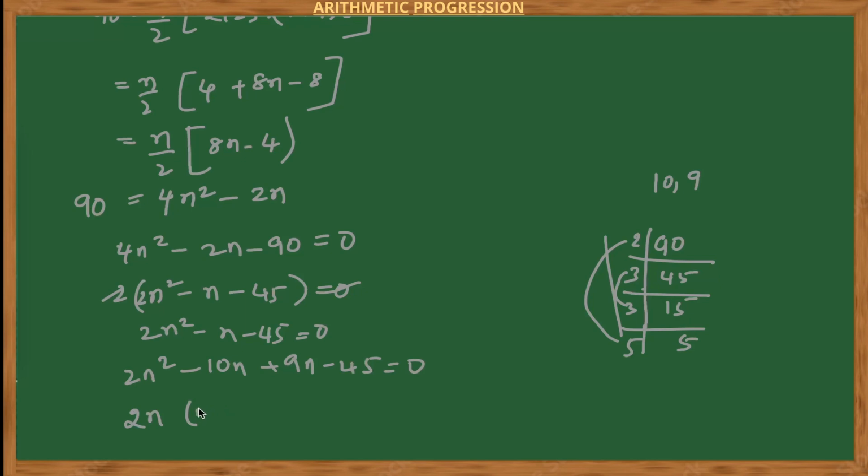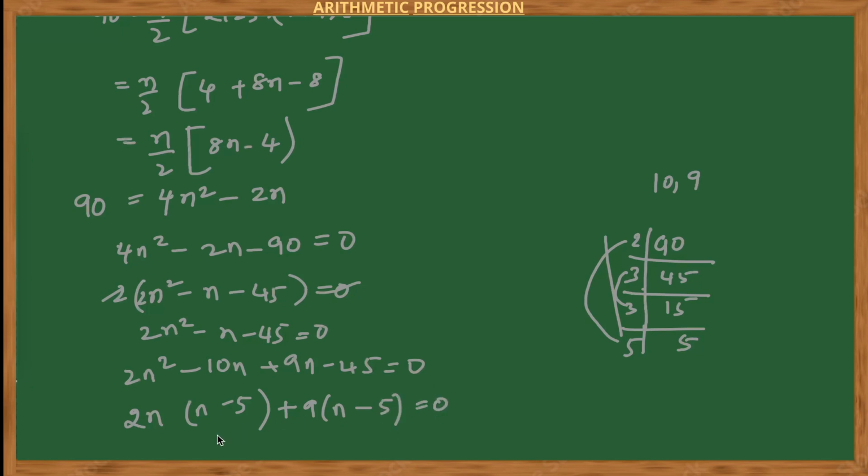What is remaining? n minus 5. Further taking common factor, what is common here? 9 is common. 9 is out. What is remaining? n is remaining, minus 5, since 9 fives are 45, is equal to 0.